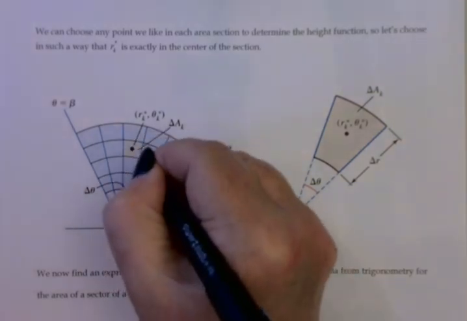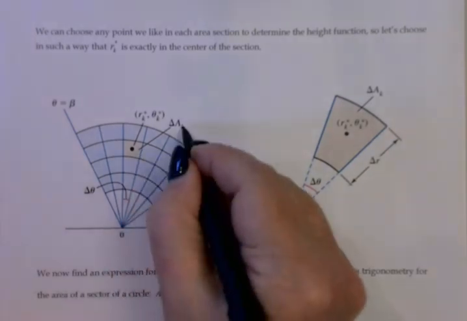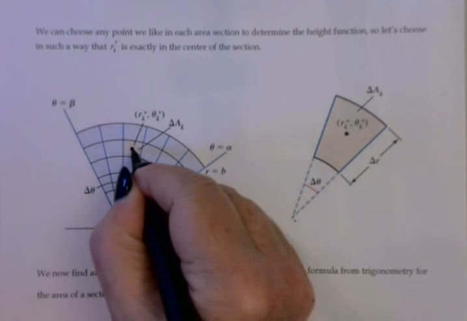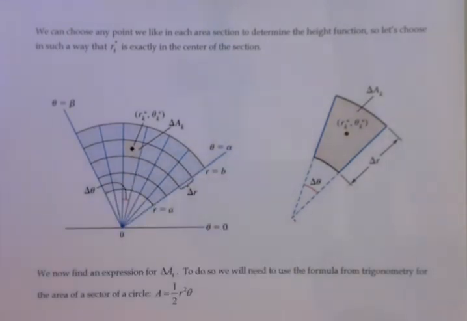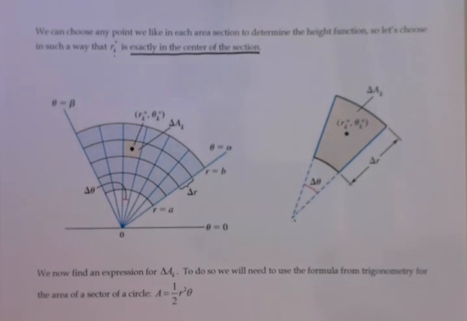So we're looking at this little polar rectangle. We're calling it delta A sub k. And within that little polar rectangle, we've chosen a point. We're going to imagine that that point, r sub k star, is exactly in the center of the section.